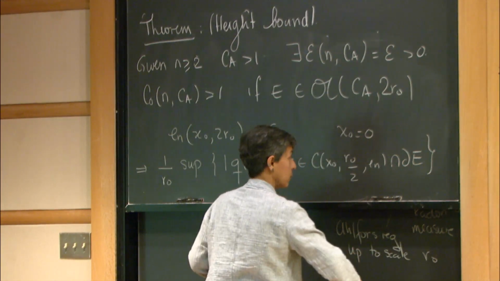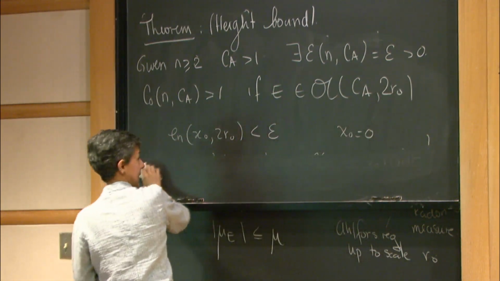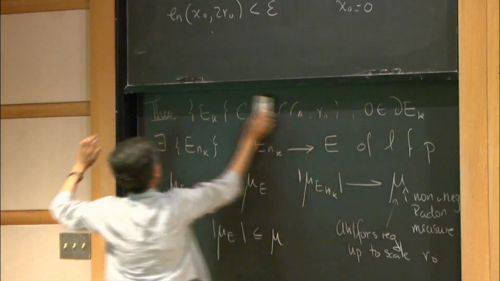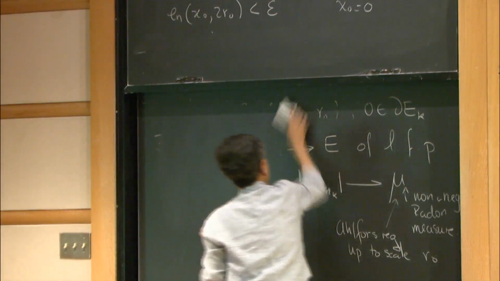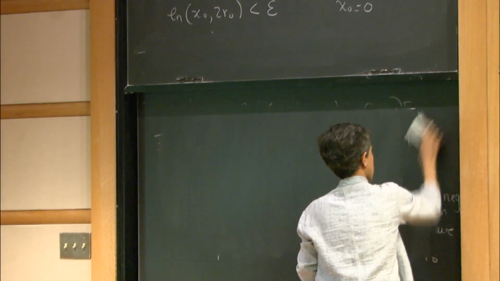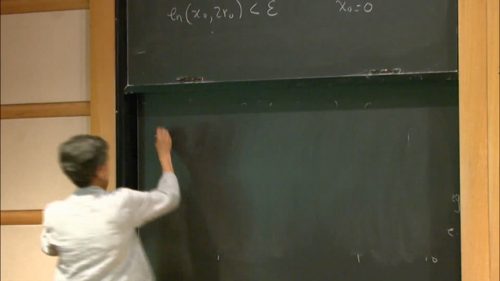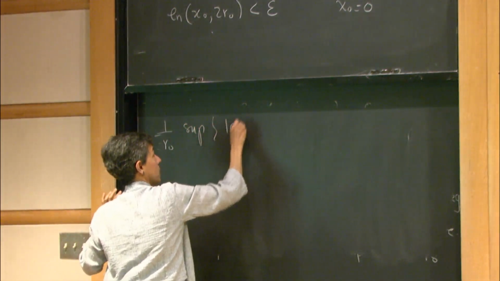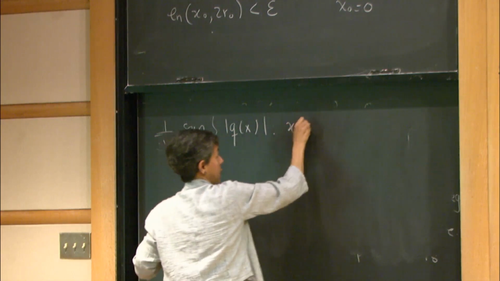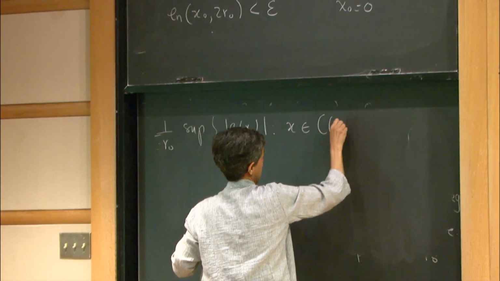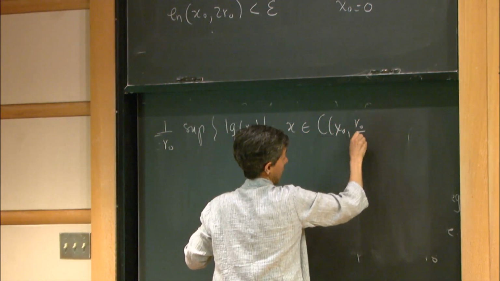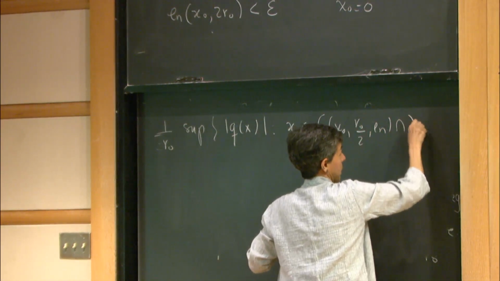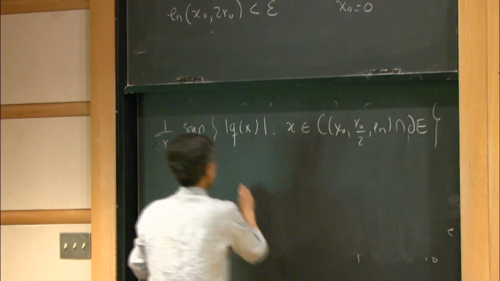You'll see because I'm about to put the punchline in the wrong place. So the height, 1 over R0, the sup over Q_x, where x belongs to the shrunk cylinder. I've shrunk the cylinder a little bit. That's because at the edge I always have problems. E_n intersection the boundary of E. This number is less or equal.